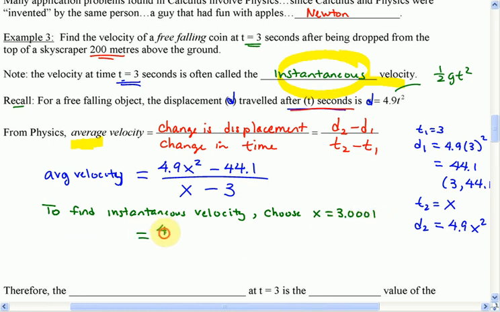Go ahead and plug that into our formula, and I'm going to ask you to figure out what this so-called instantaneous velocity would be. Okay, can somebody quickly do this for me?